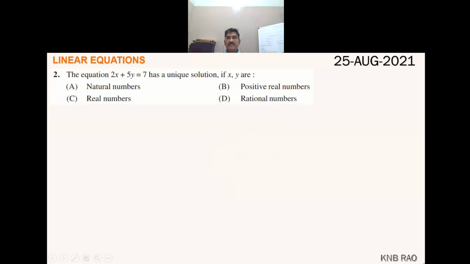Question number 2. What is question number 2? This is a very important question. See children, in the given linear equation 2x plus 5y equals 7, he said it has a unique solution. How many solutions are there? He is not saying that. There are infinitely many solutions.